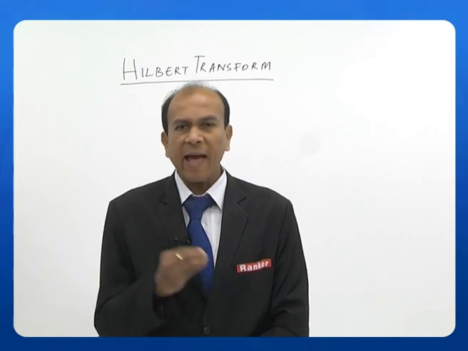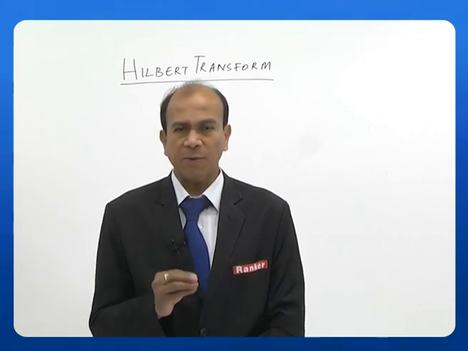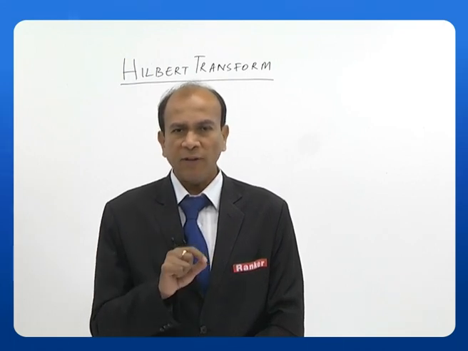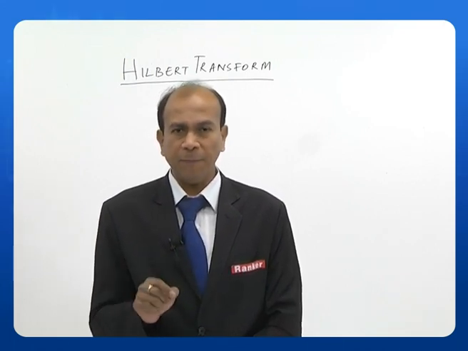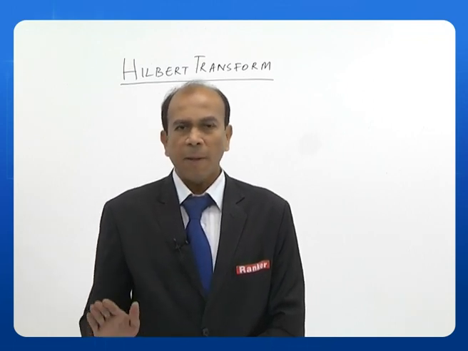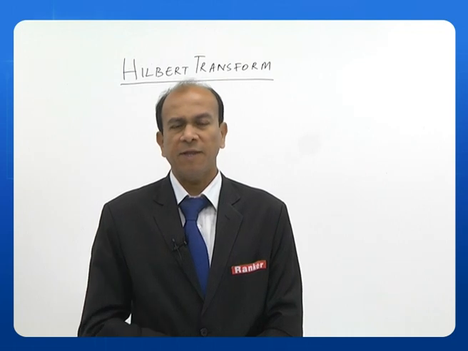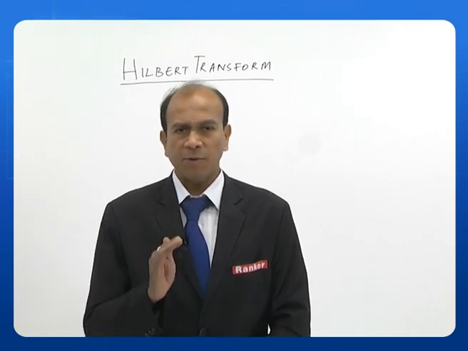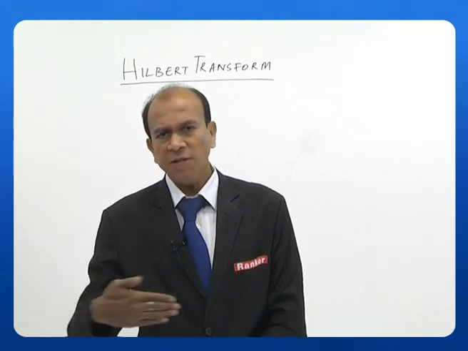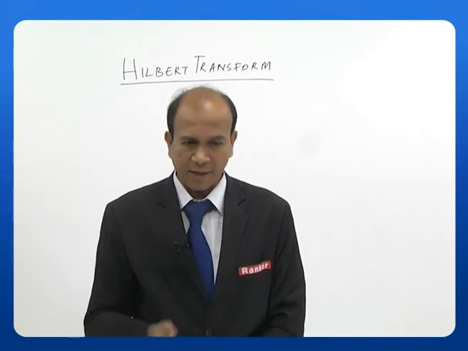Here the cap indicates Hilbert transform. The most significant point we should all understand is x of t is transformed into x cap of t. So, time domain representation as input, and the output is also time domain representation in the case of a Hilbert transform. That is the most important point we should remember. But it is changed: x of t is changed into x cap of t, that is the Hilbert transform.